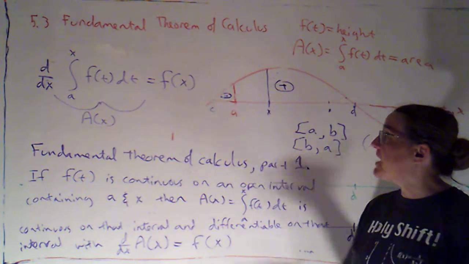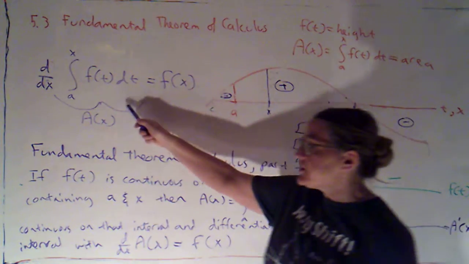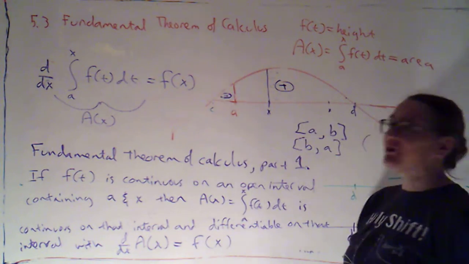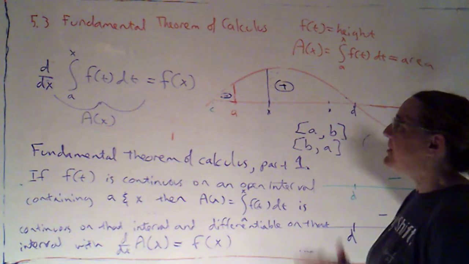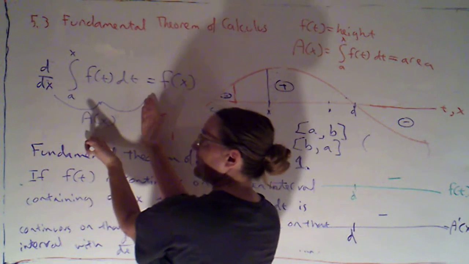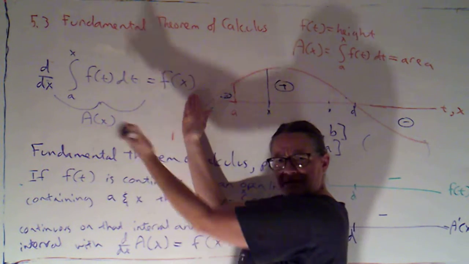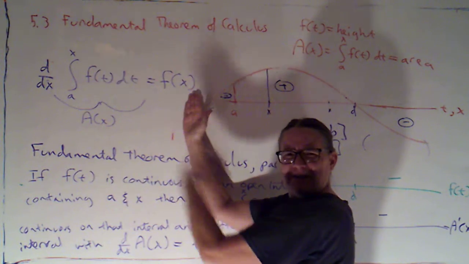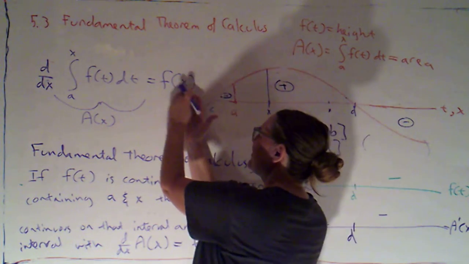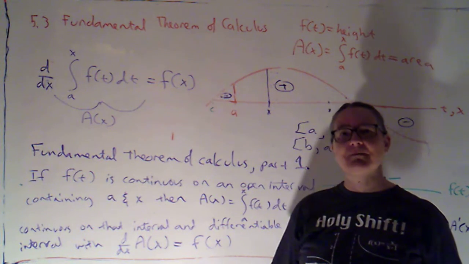So the rate of change of area is the height function, is really what this is saying. Notationally, it looks incredibly intimidating. But basically, it says, hey, if you're differentiating an area function like this, you're going to get the height function. But since area is a function of x, there's no way its derivative could be a function of t. You're going to get that height function, but evaluated at x, at that limit of integration.